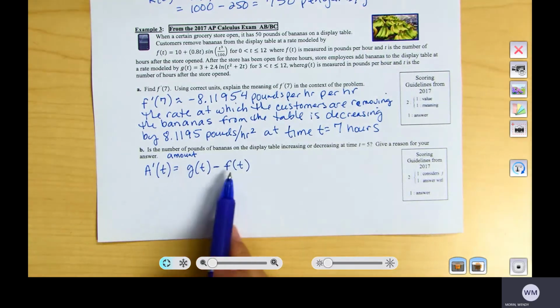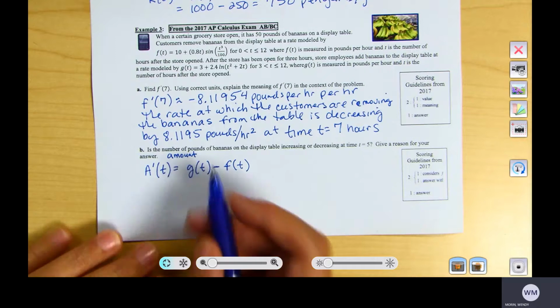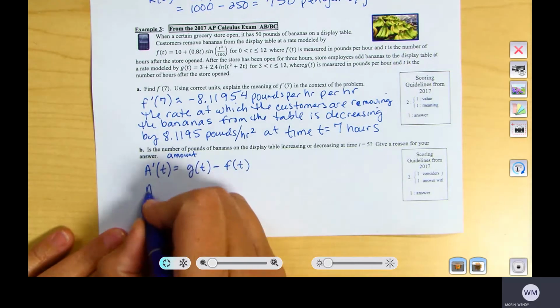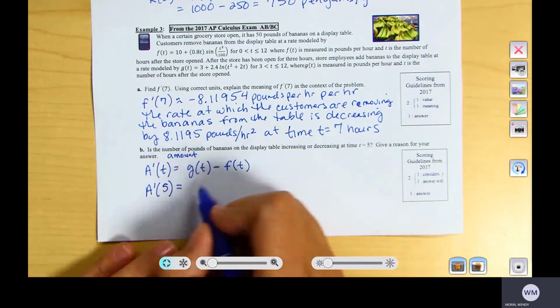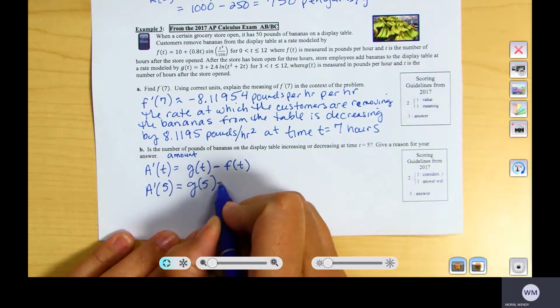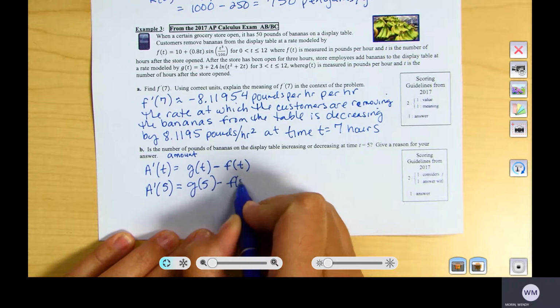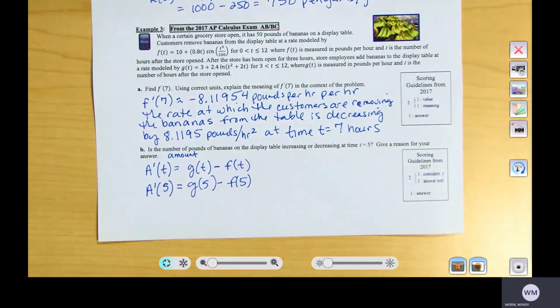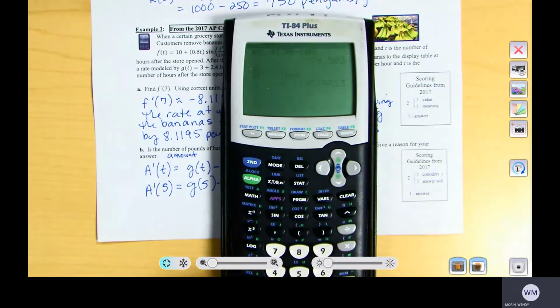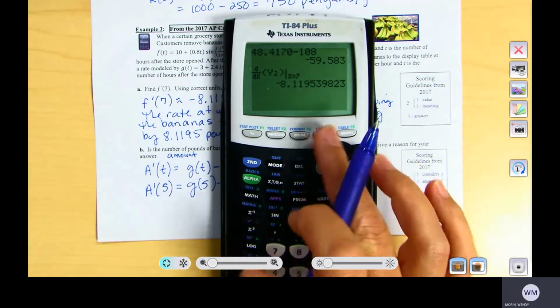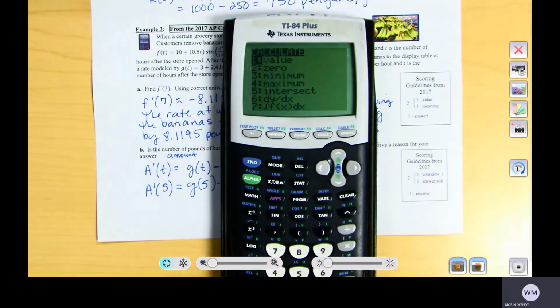So this question is similar to examples 1 and 2. They want to know what g of 5 minus f of 5 is. Okay. Let's show you how to evaluate that in your calculator. Go to second calc and then value, as I said before.